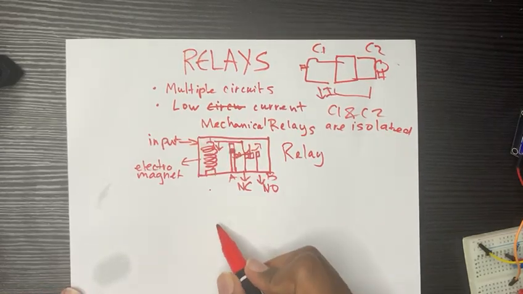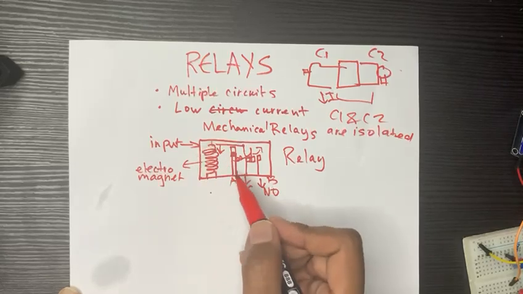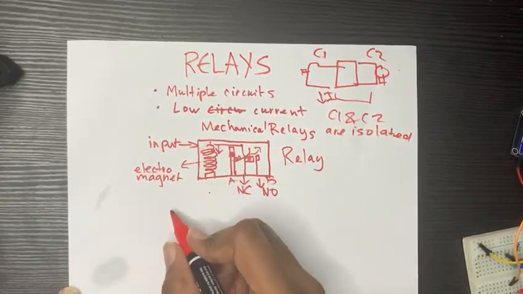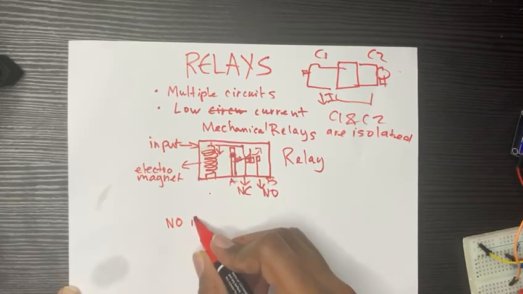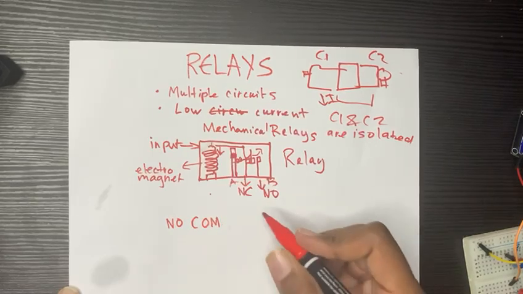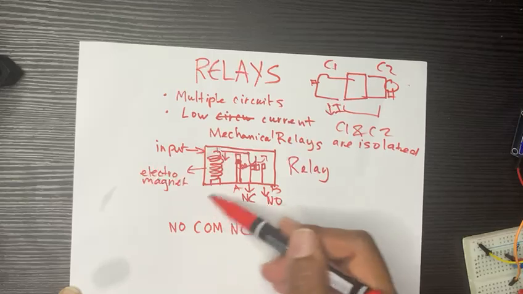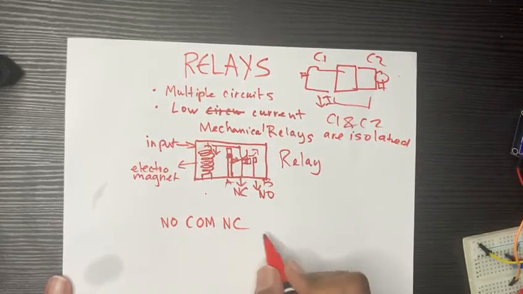So let me tell you the pins. Usually there are 3 pins for the output: normally open, COM, and normally closed. This is not for the coil, this is the output for controlling the circuit.